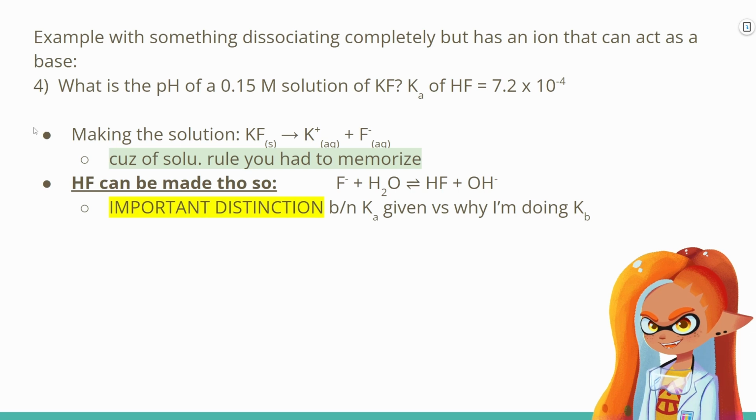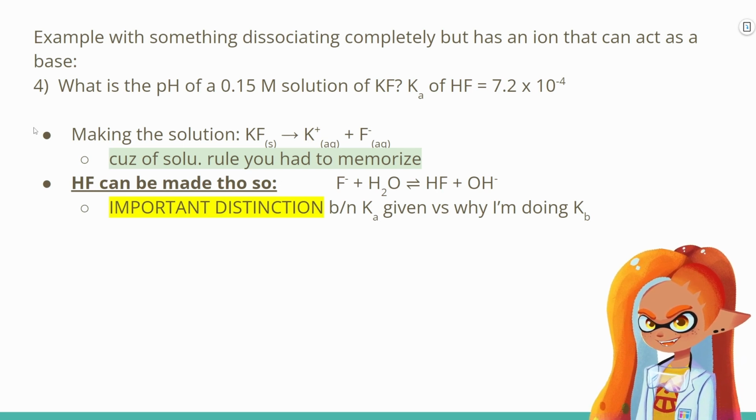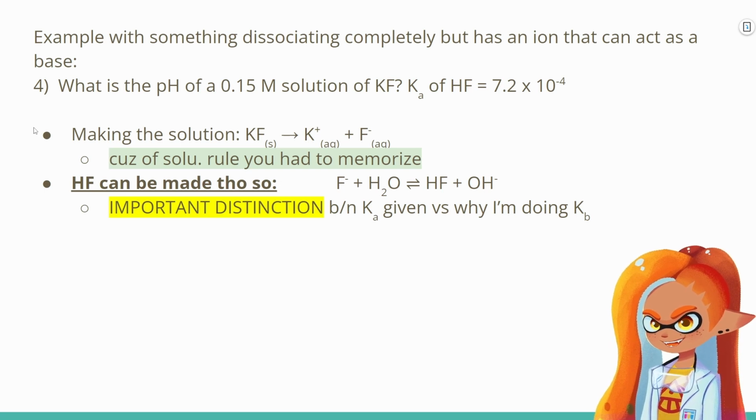Ka is given, but why am I doing Kb, right? We have Ka given because we have a weak acid, and usually that's what you have. But the F minus, the fluoride ion, is acting like a base, so we need to do stuff with Kb.